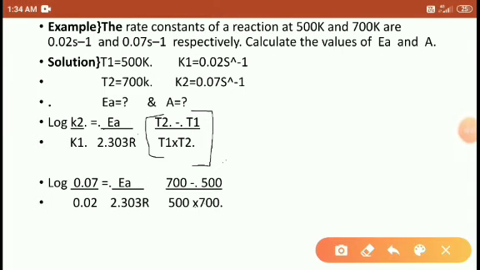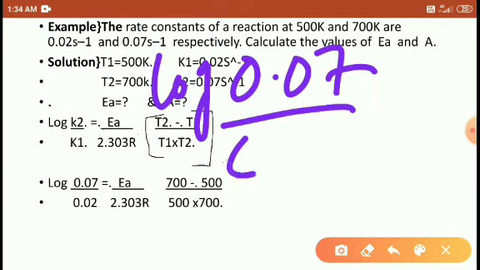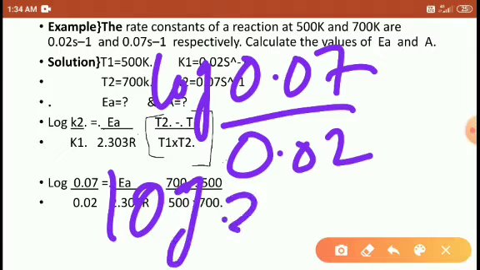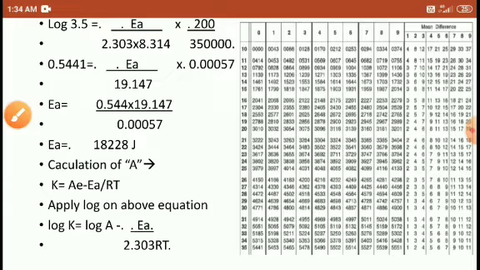Okay, here students, when we divide 0.07 by 0.02, we get 3.5. So log 3.5. What is the value of log 3.5?